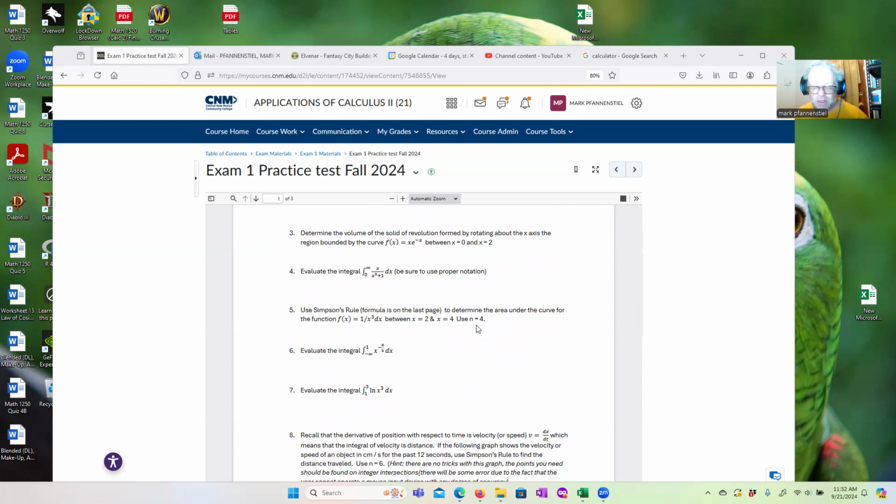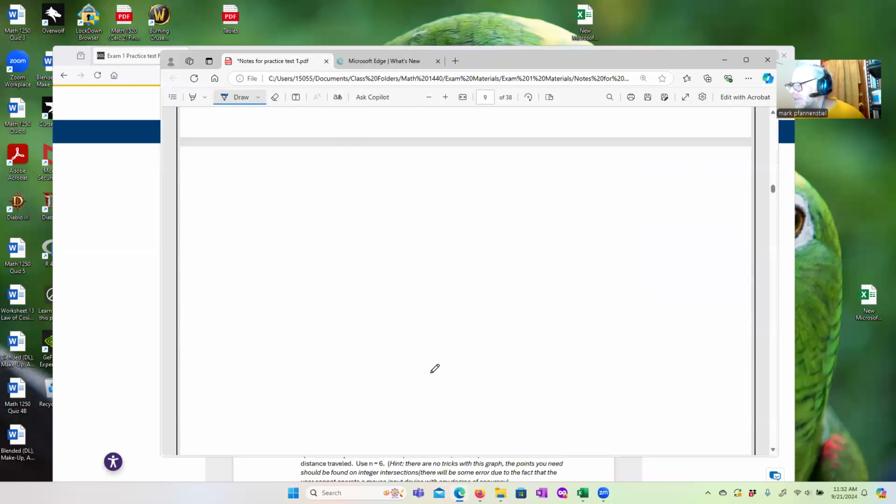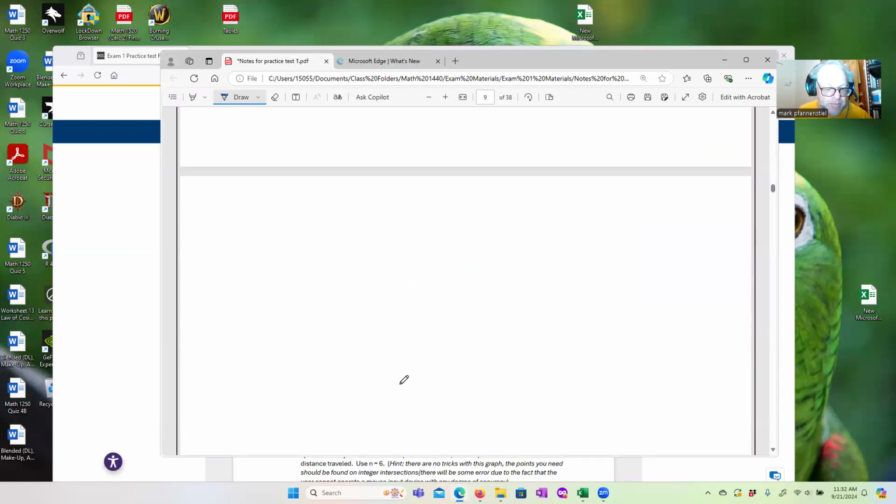Okay, so we are going to go ahead and start this problem. We need 1 over x cubed between x equals 2 and x equals 4, n is equal to 4.